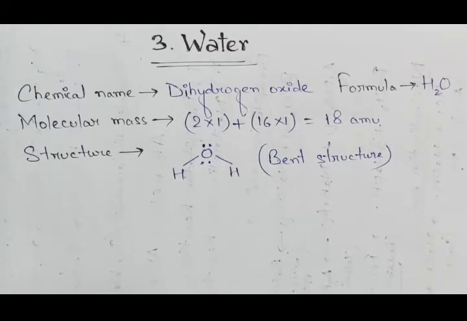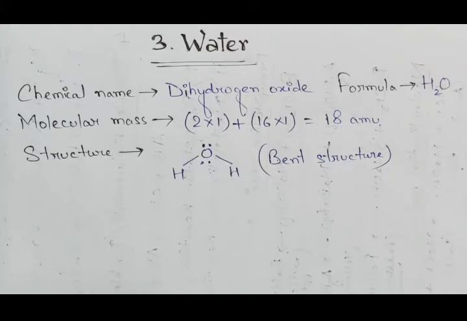Now if we talk about the state of water or availability of water, then we can say that water can exist in both the free state and combined state. So what is this free state and combined state? See, when we get water as ice or normally as liquid or in gaseous state, they are the free states of water.